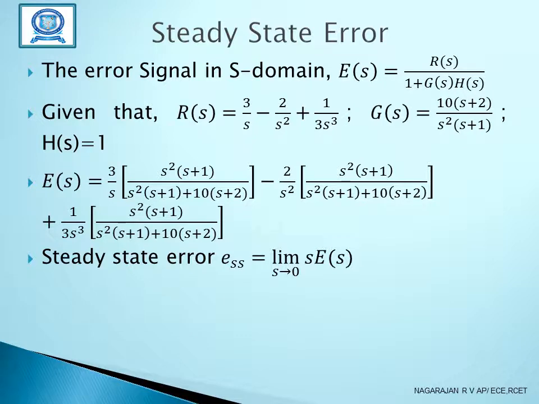Now substitute the E(s) value and apply the limit s tends to 0. When we apply the limit, we will get the steady state error value. So ess is equal to 1 by 60. So our steady state error value is 1 by 60 for this input.